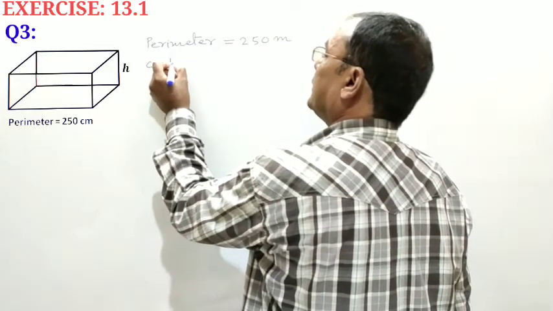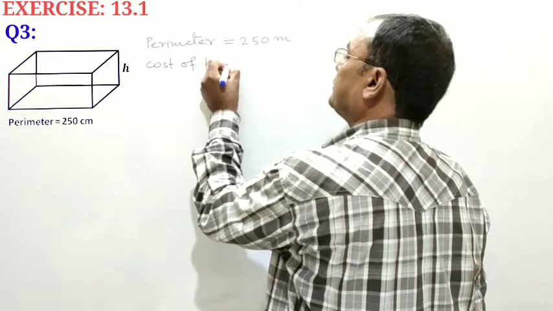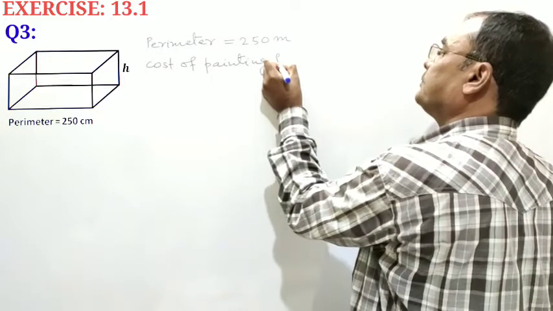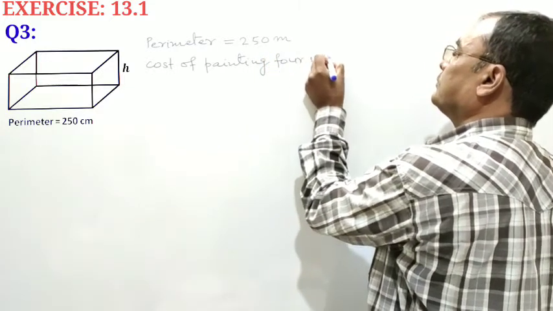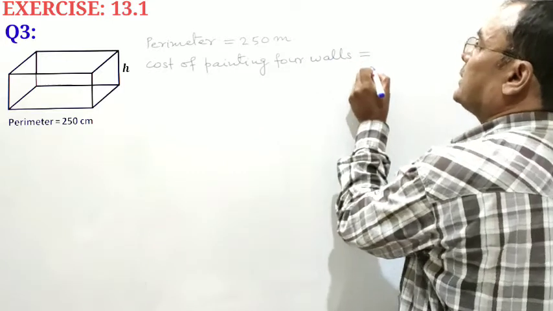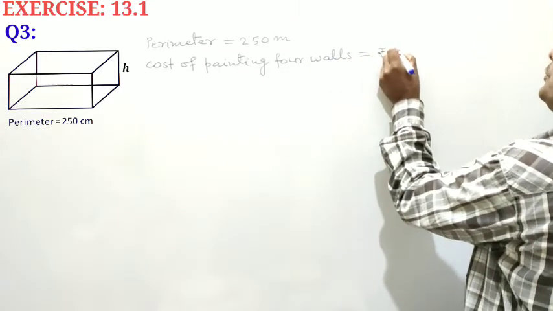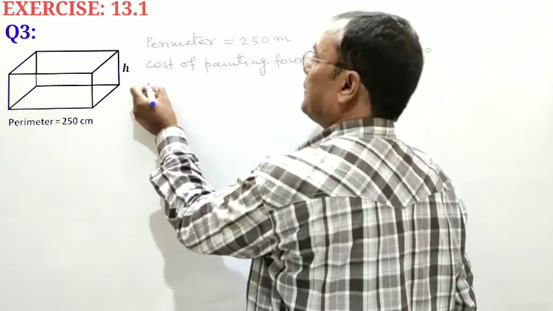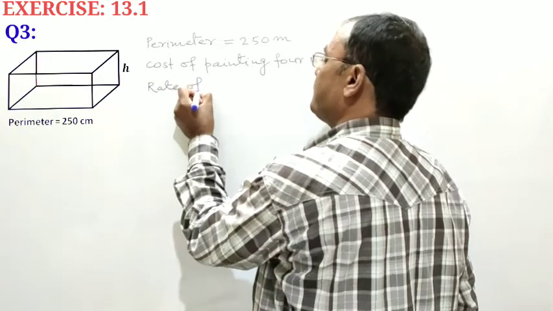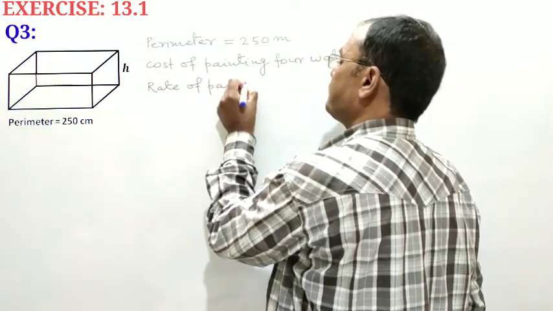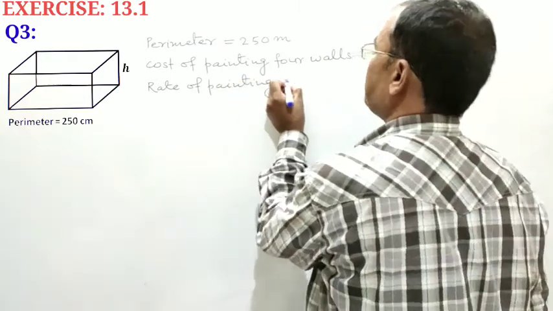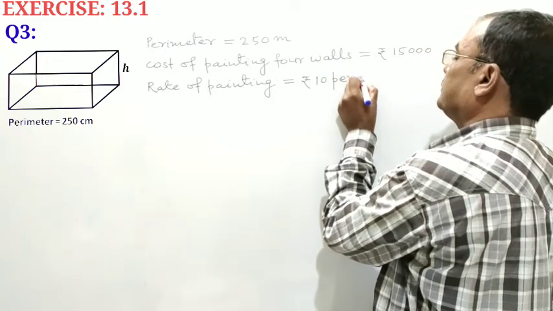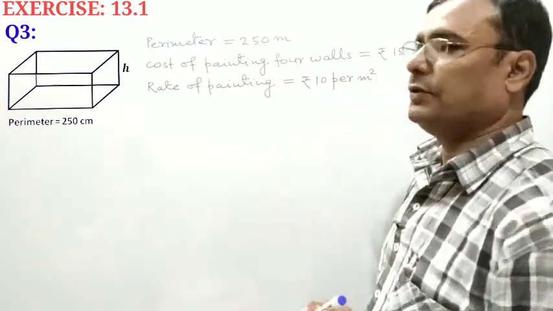Cost of painting four walls is given rupees 15,000, and rate of painting is also given rupees 10 per meter square.